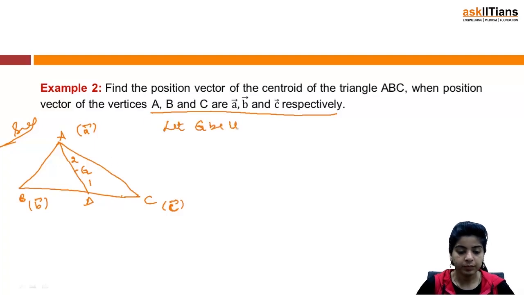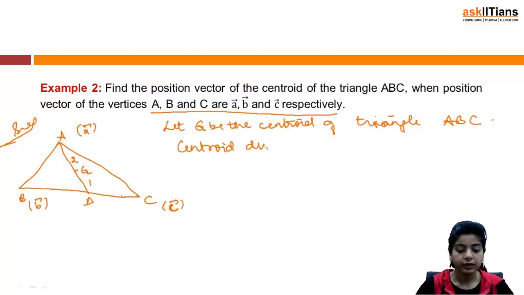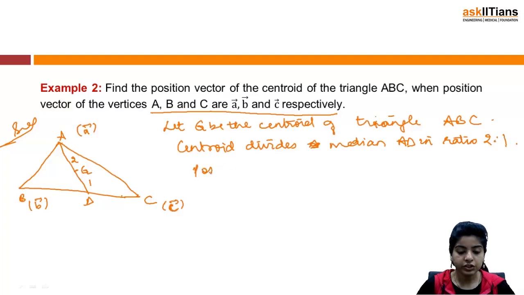Let G be the centroid of triangle ABC, and we know that the centroid divides median AD in the ratio 2:1.